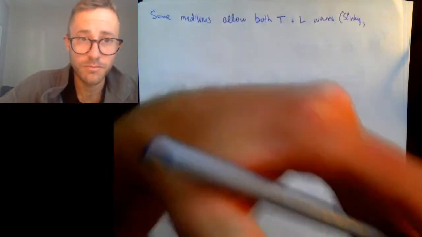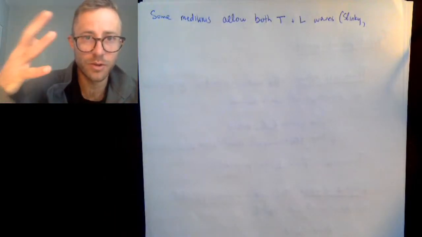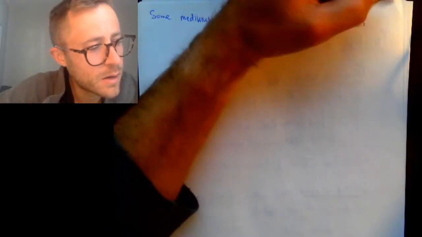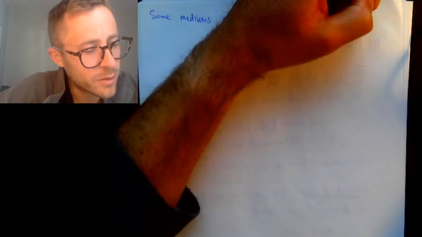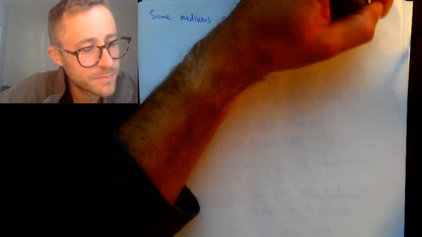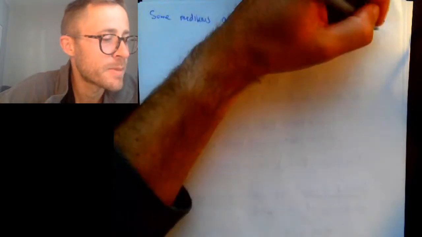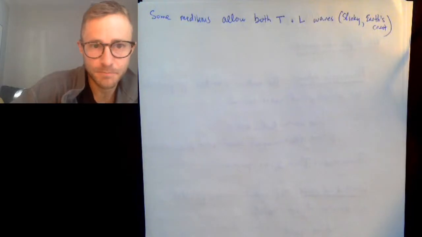The Earth itself, any solid material, is going to have both transverse and longitudinal waves. So Earth's crust allows both transverse and longitudinal waves. Okay?